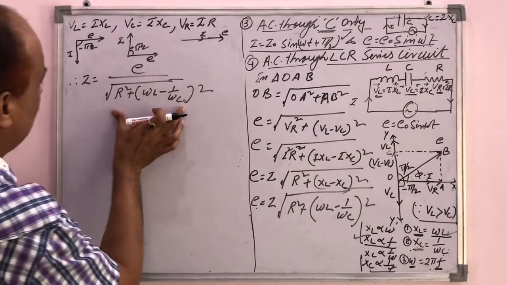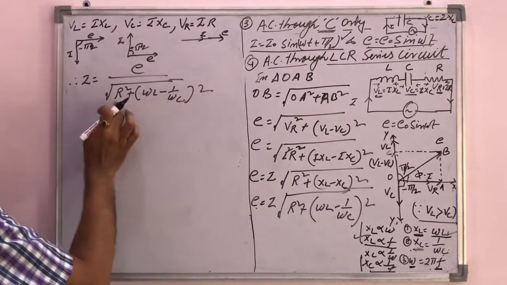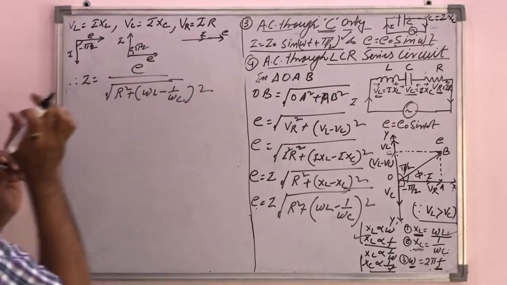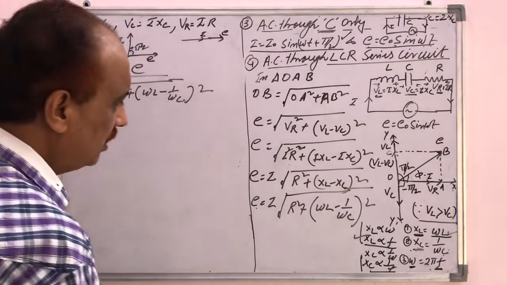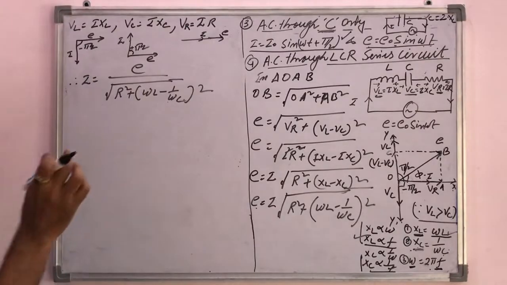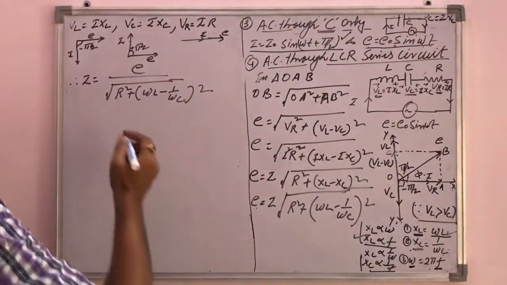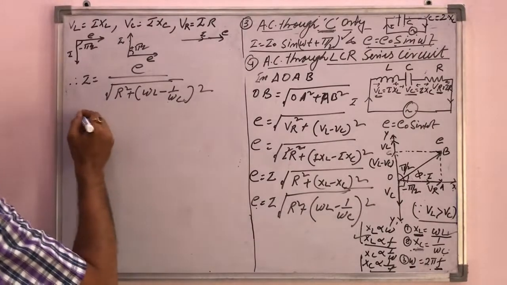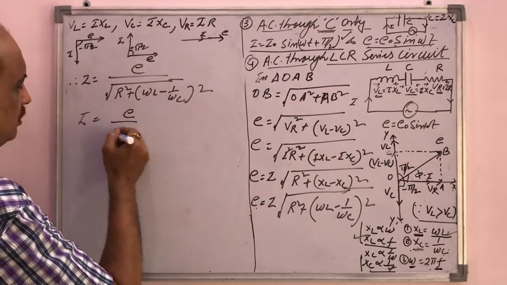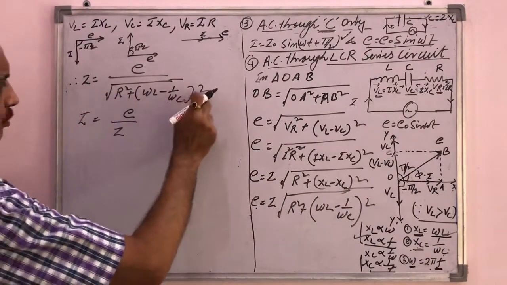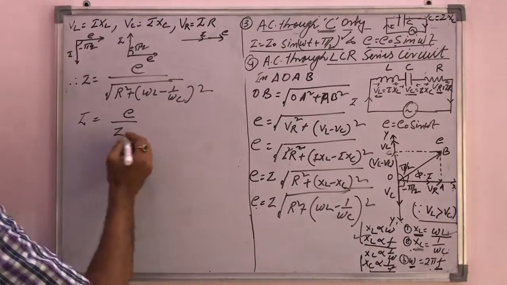The new term we get here, square root of R square plus (omega L minus 1 upon omega C) whole square, is represented by another term known as the impedance of the AC circuit, and it is denoted by Z. So I will be equal to E upon Z, where Z equal to square root of R square plus (omega L minus 1 upon omega C) whole square.